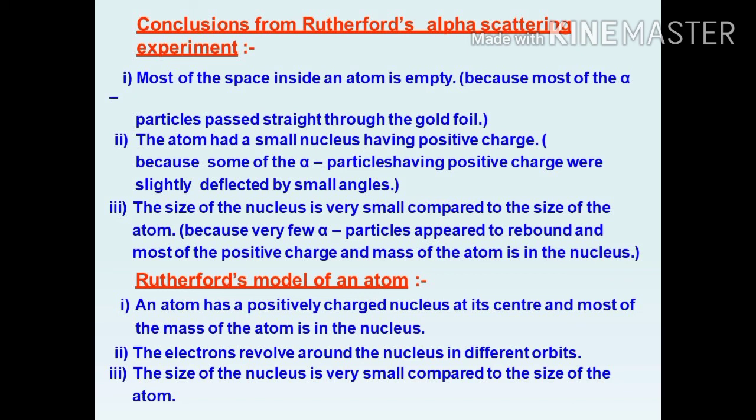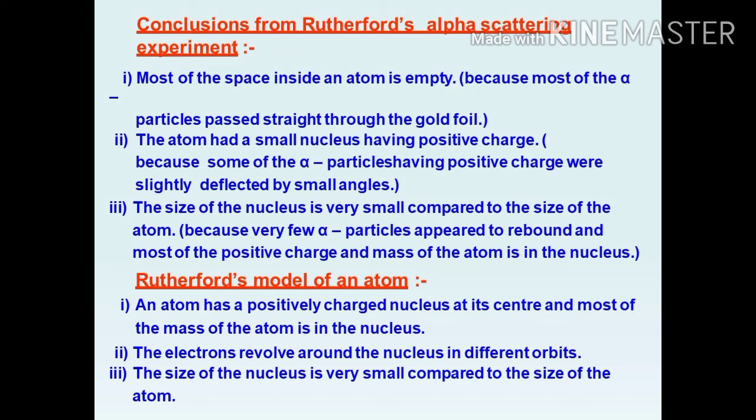Rutherford's model of an atom has a positively charged nucleus as its center. Most of the mass of the atom is in the nucleus. Why is most of the mass of the atom in the nucleus? Because the nucleus contains positively charged protons and neutral neutrons.